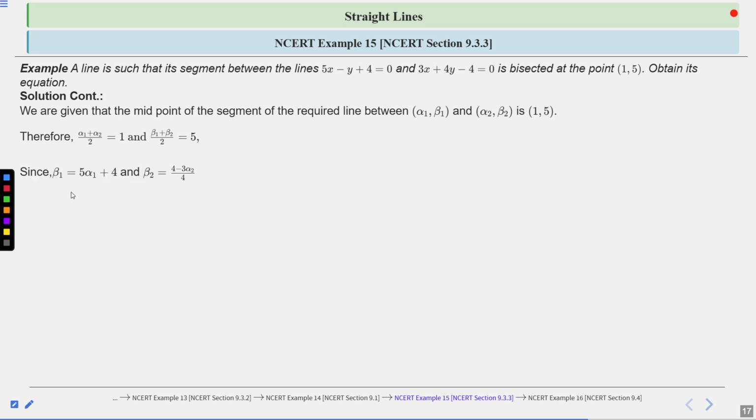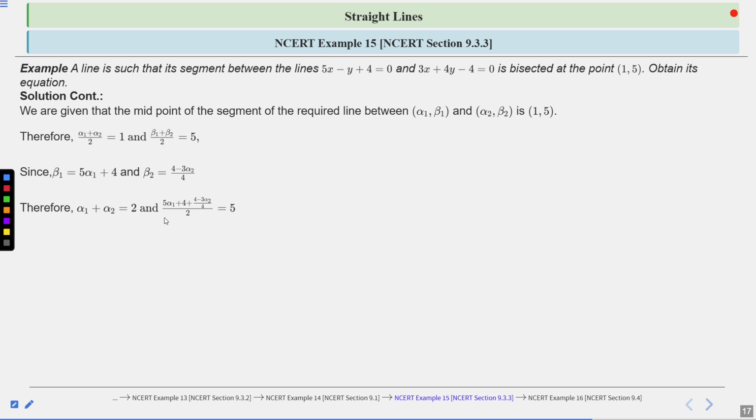And since beta 1 is equal to 5 times alpha 1 plus 4 and beta 2 is (4 minus 3 times alpha 2) divided over 4, since we know beta 1 equals this and beta 2 is this, therefore alpha 1 plus alpha 2 is equal to 2. Now you can substitute.